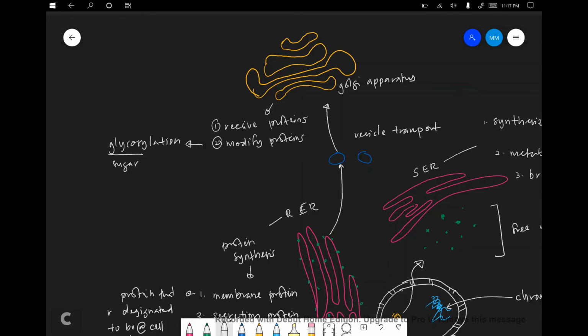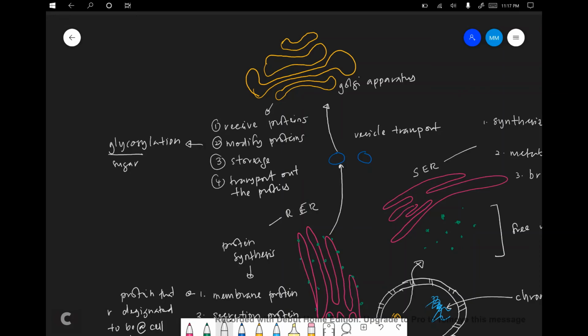Okay, what else does the Golgi apparatus do? It can store the protein. Okay, it is a storage of the proteins, and also it can transport out the proteins.